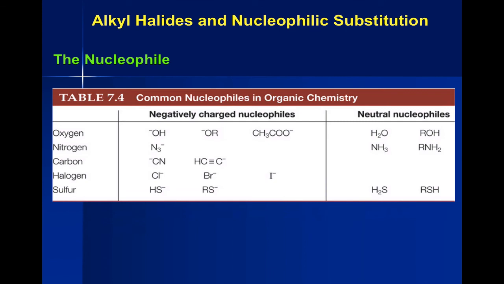So some common nucleophiles in organic chemistry. Certainly by no means is this an exhaustive list. There are entire books on this kind of stuff. But notice we have a lot of negatively charged nucleophiles. Hydroxide makes a good negatively charged nucleophile. Alkoxides. What's the difference between an alkoxide and hydroxide? Carbon, that's right.